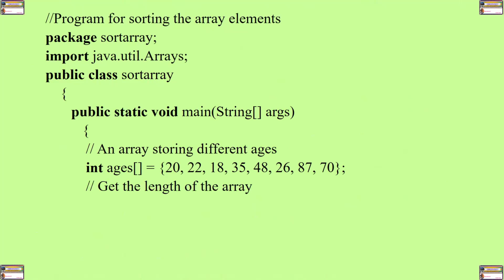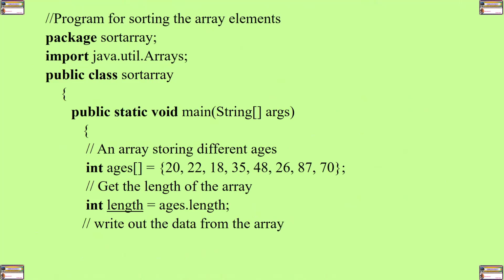And therefore, you can compute the length of that array by using the statement we have already discussed, ages.length. That will return the size of the array, and that size can be stored in the memory location called length, which is of type integer.